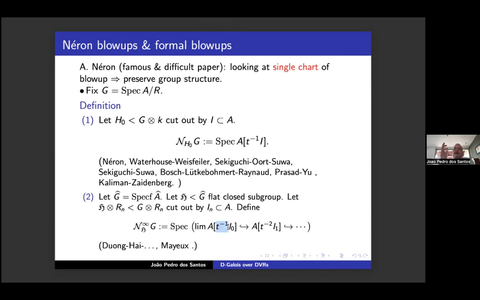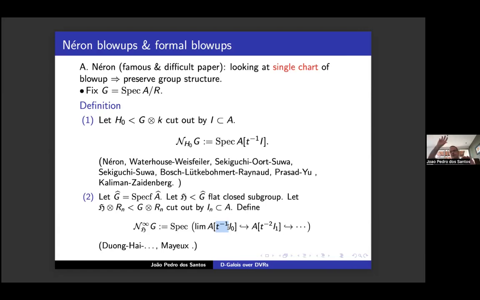So basically the idea is that functions on my new blowup are made of functions on G, in which I have the possibility to divide by the uniformizer if the function vanishes on H. So I have my functions on the closed part, and I say now the functions which vanish on the closed part I can divide by t.